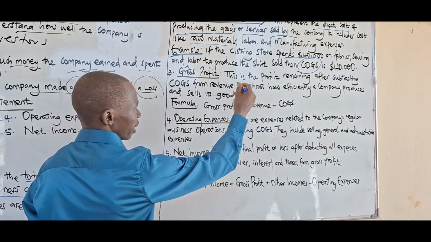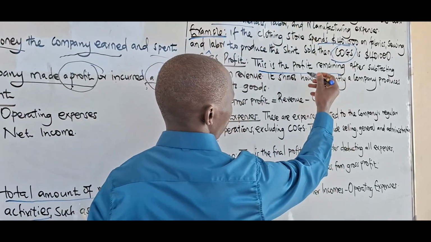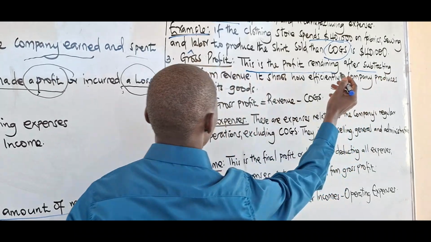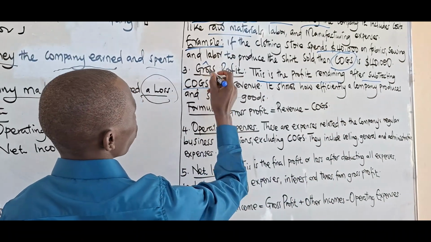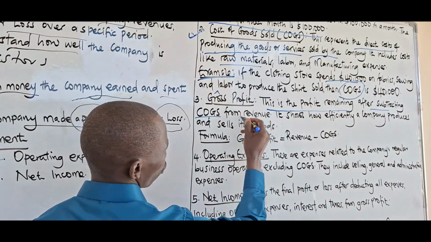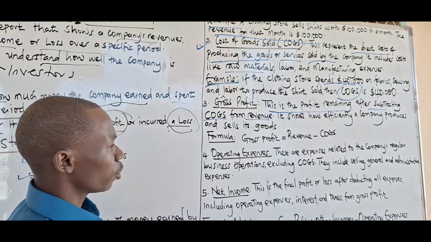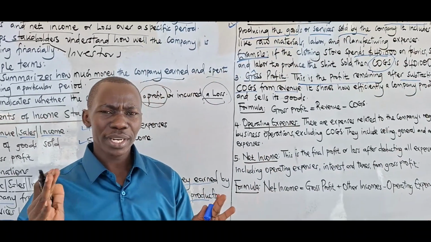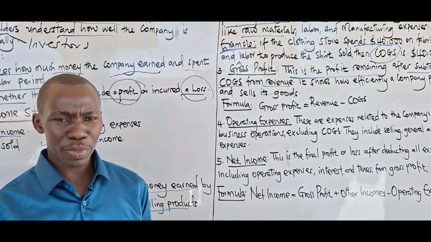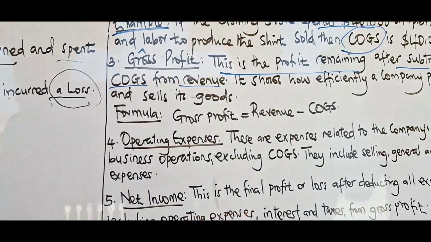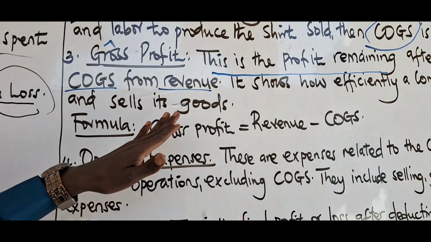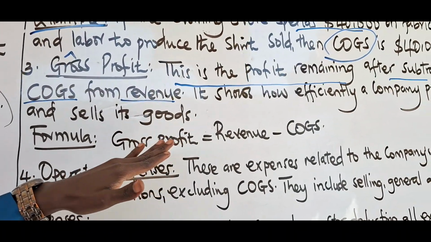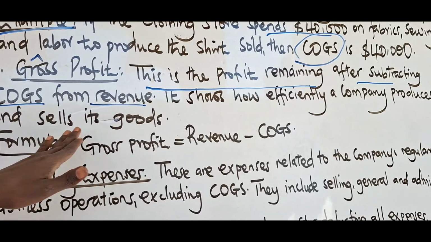Gross profit is the profit remaining after subtracting cost of goods sold, element number 2, from our revenue. What you remain with is what we call gross profit. It shows how efficiently a company produces and sells its goods.